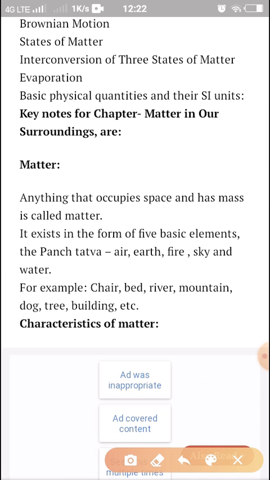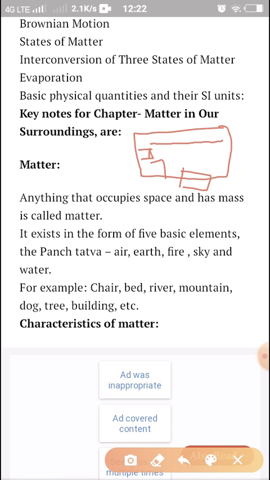Suppose we are going to a furniture shop. You know very well that furniture covers almost the area of the shop, right? Suppose this almirah is kept here, and some things are kept here, and this is the main door of the shop.